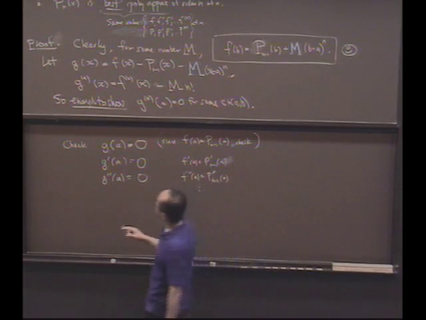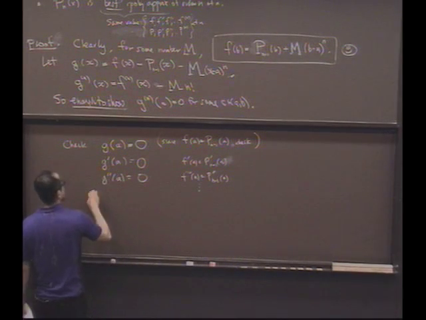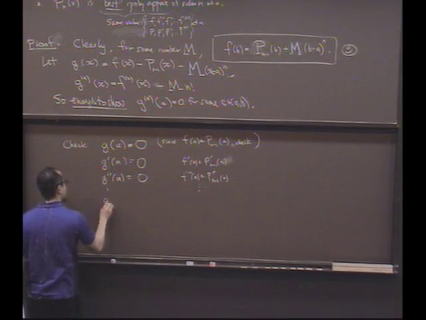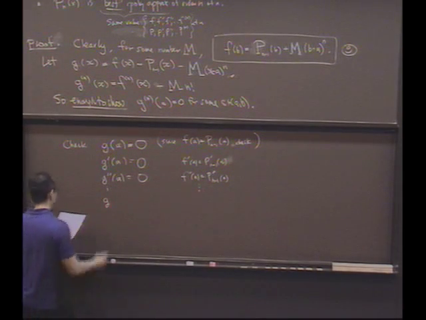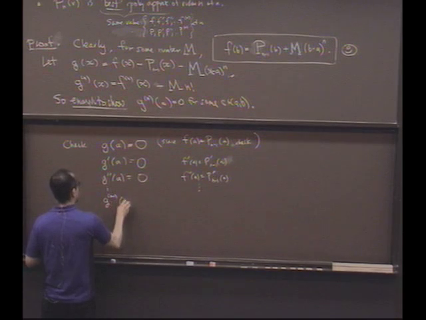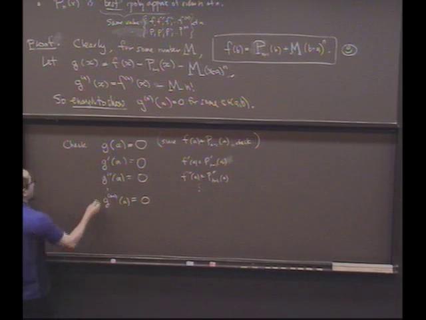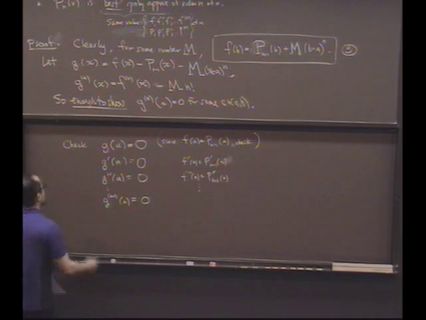So in fact, what I've done is I've constructed a function that's very, very flat at a, right? I mean, up through the n minus 1th derivative. Okay? So this is an important fact. g is very, very flat at a. Okay. Well, what else do you notice? Well, check this out.